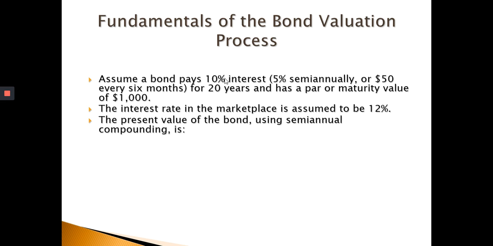So 10% over 1,000, your coupon is 100 per year, and since it is semi-annual it is 50, for 20 years, with a par maturity value of 1,000, and the interest in the marketplace is 12%. Calculate the present value of the bond using semi-annual compounding.